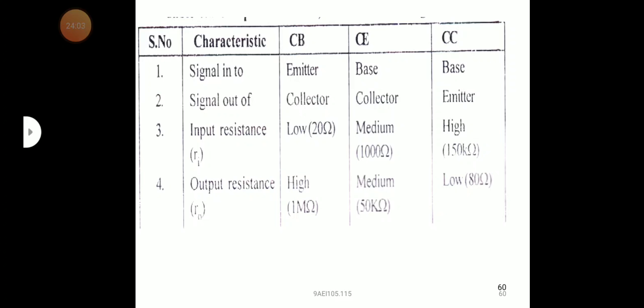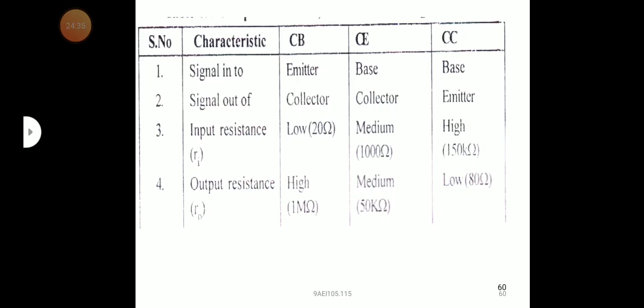The signal goes out through the collector in the common base and the common emitter. In the common collector, since the collector is common, the output is from the emitter, so the common collector is also called the emitter follower.